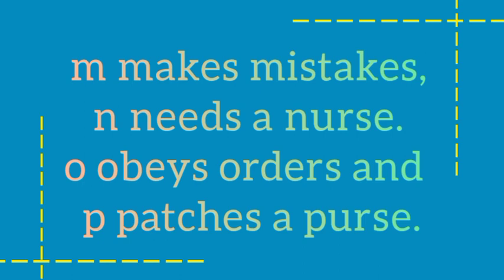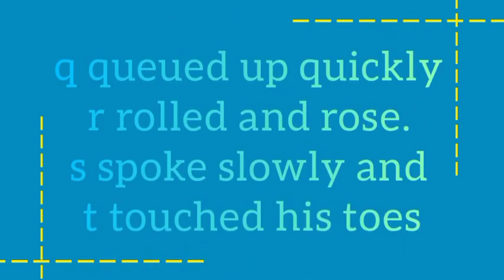O obeys orders and P patches a purse. Q queued up quickly, R rolled and rose. S spoke slowly and T touched his toes.